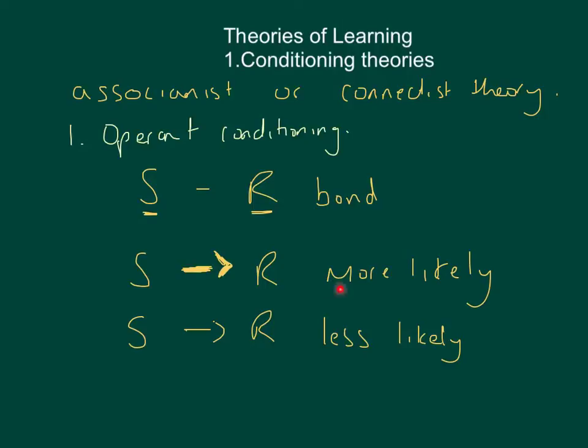So their more likely response is to get the ball into the basket, whereas a beginner's strongest bond would probably be the incorrect response, and that means that the incorrect response is more likely to occur, and their correct response, which would be to get the ball into the basket, has only got a weak bond, which means that it's less likely to occur. Okay, so the way in which we learn, according to operant conditioning theory, is pretty much dependent on whether we produce the correct response or not.